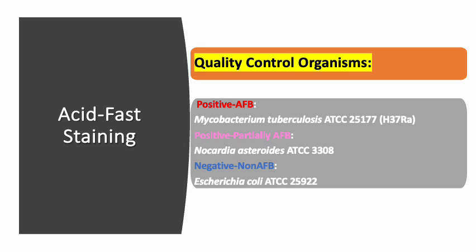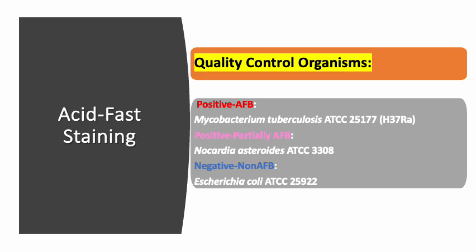Now, as you can see here, I put a color already on the results, so that you can easily remember the color reactions. For the acid-fast bacilli, when we say positive acid-fast bacilli, the reaction is usually red. So if AFB is positive, it is usually red under acid-fast staining.